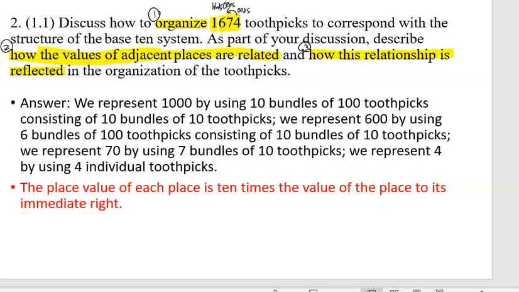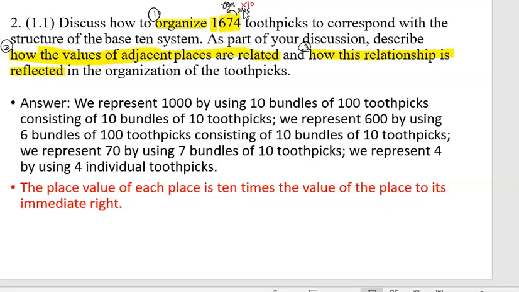The third question is how this relationship is reflected in the organization of toothpicks. For example, the tens place can be obtained by multiplying the ones place by 10. And when we organize the cubes or toothpicks, how is it reflected?